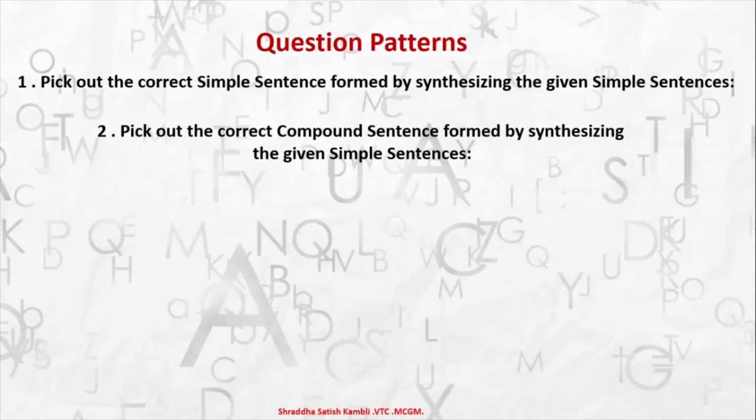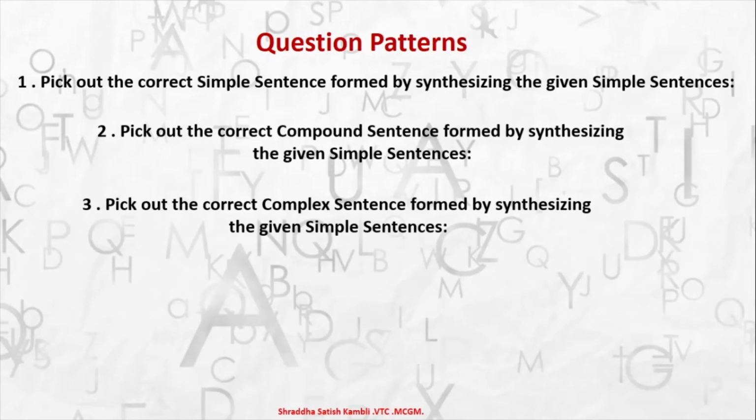So in this case, you have to pick which is the correct compound sentence formed by combining 2 simple sentences. Then you have to pick out the correct complex sentence formed by synthesizing the given simple sentences. Same thing, you're combining two simple sentences and your answer should be the correct complex sentence.